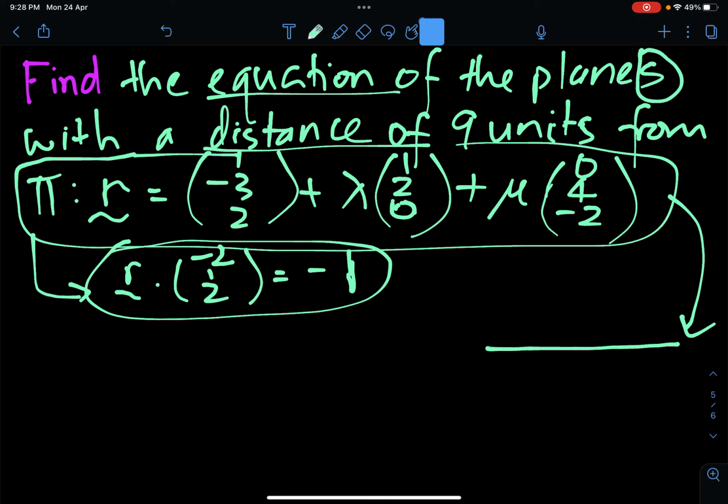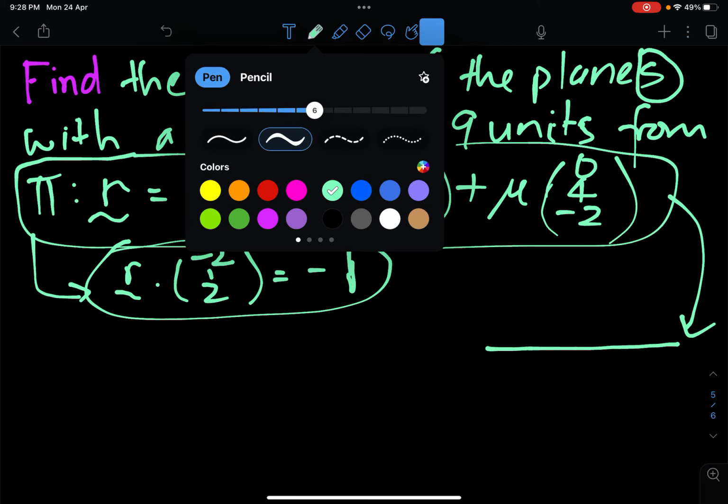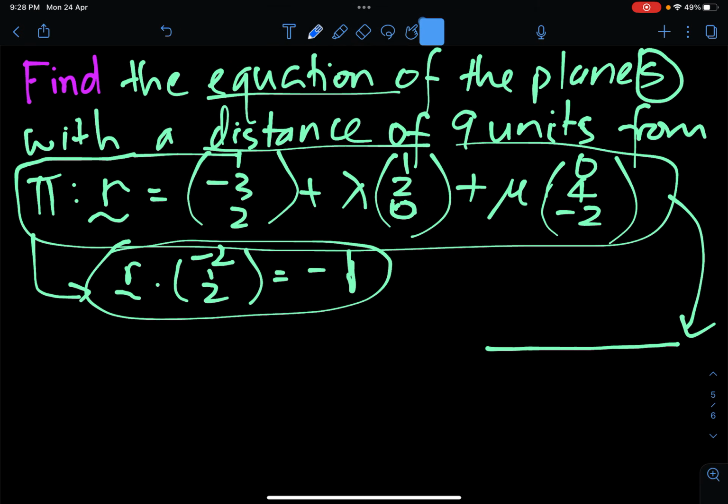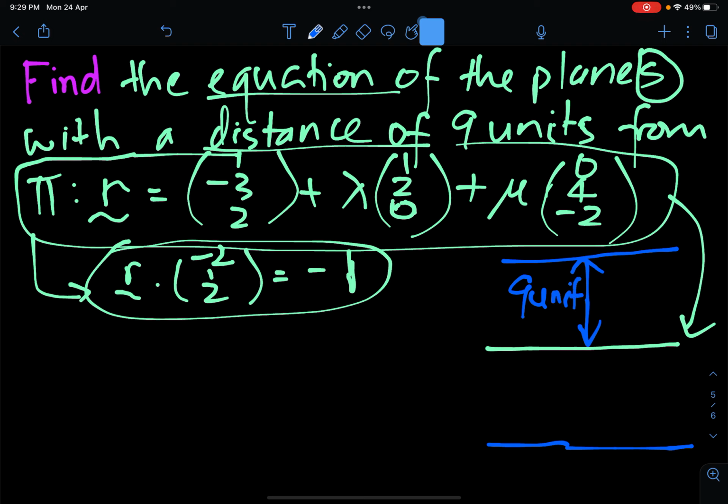Because 9 units from this plane, the plane can be on top or below. It can be 9 cm, 9 meters. So 9 units on top or below this plane in question.